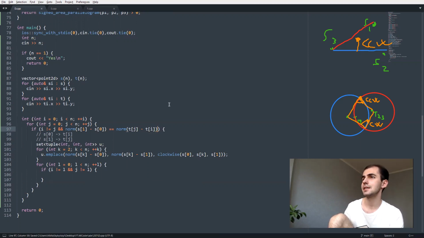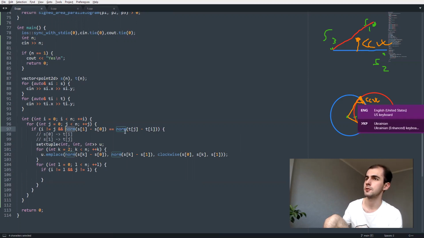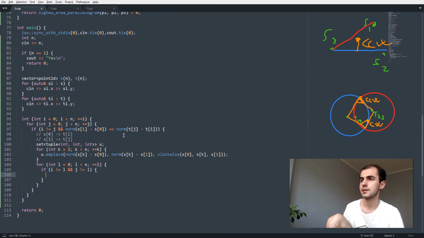Because if it's not, then this construction doesn't really work, I think. It may produce wrong answers. So here I want to effectively remove it from that set. Can you erase the entries that are not here? I hope you can.